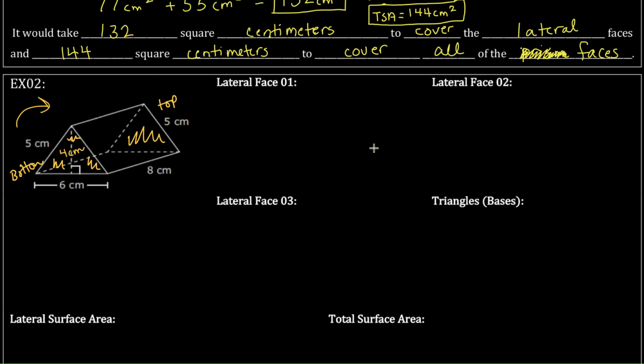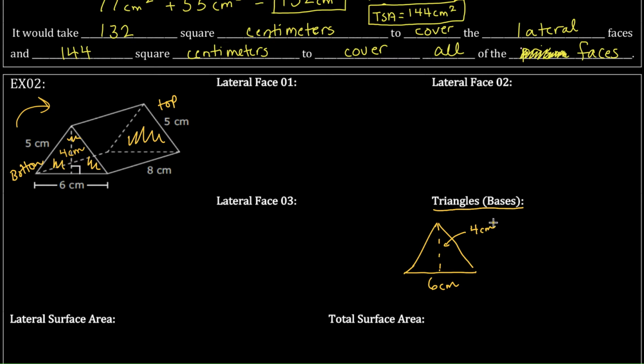Okay, so I'm going to first draw my bases, my top and bottom. And it is a triangle with a base of 6 centimeters and a height of 4 centimeters. Remember, I didn't write it in, so I just wrote it in.